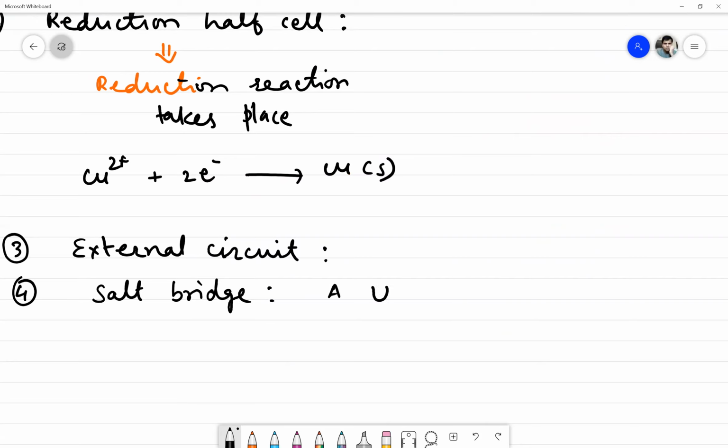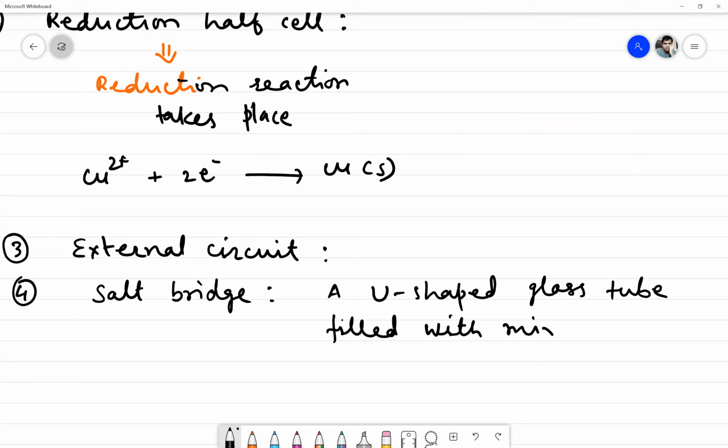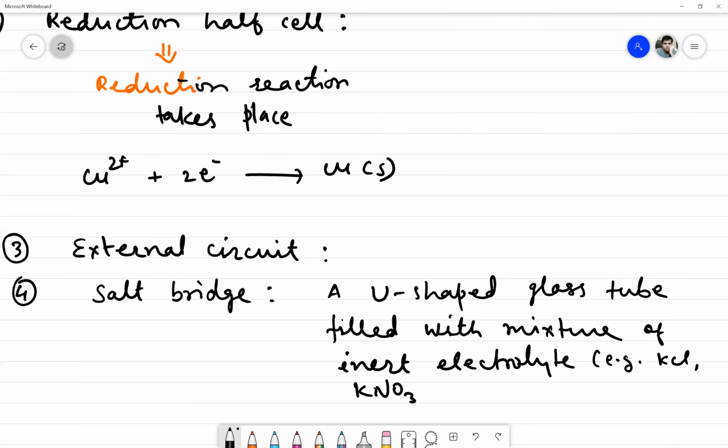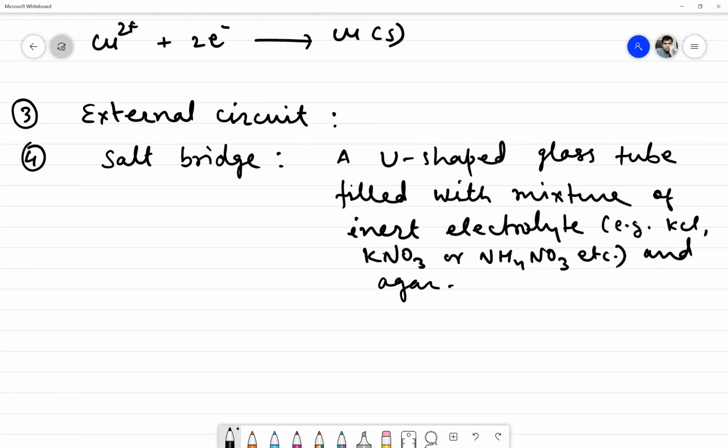It is a U-shaped glass tube filled with a mixture of inert electrolyte, for example KCl, potassium nitrate, or ammonium nitrate, etc., mixed with agar-agar. The main function of this salt bridge is to complete the internal circuit.